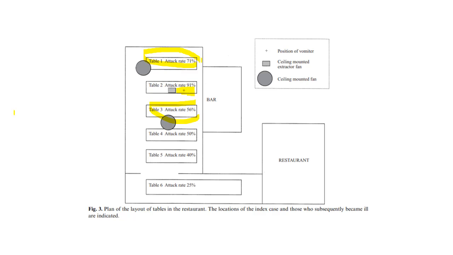The person vomited, the virus was aerosolized around the restaurant, and people got infected. And the closer they were to this person who vomited, the higher the chance that they would get gastroenteritis.